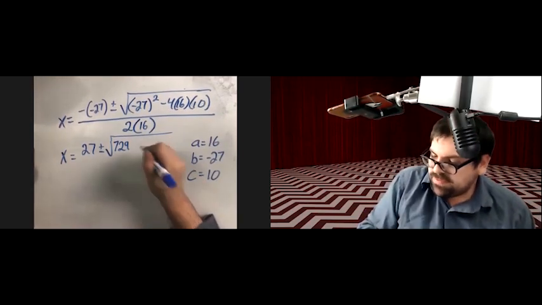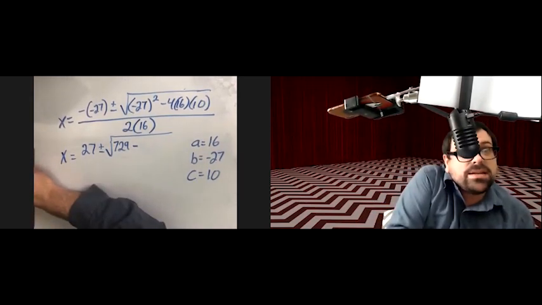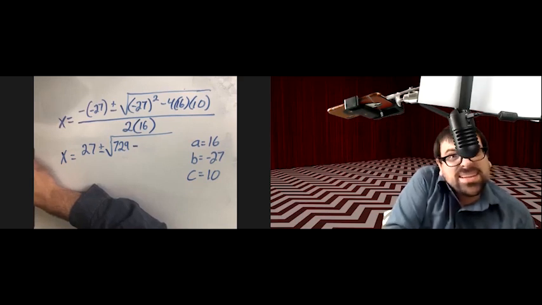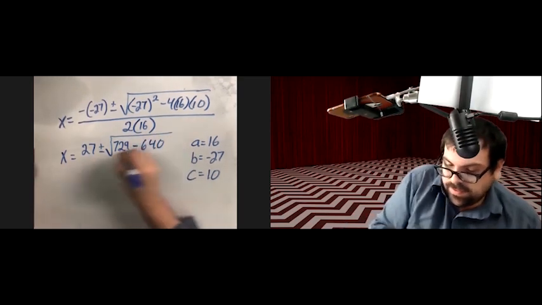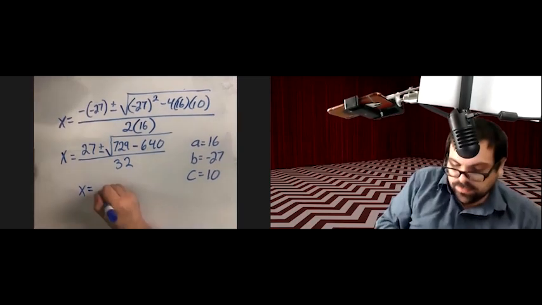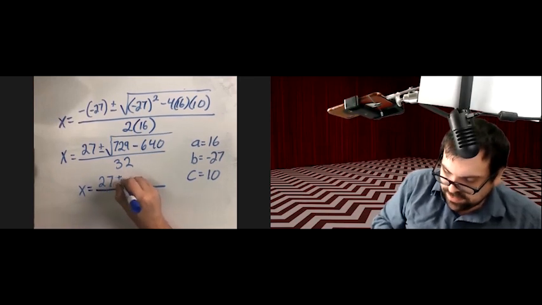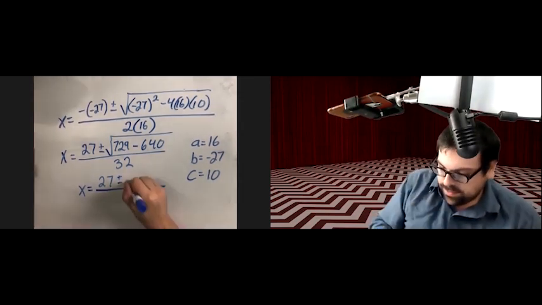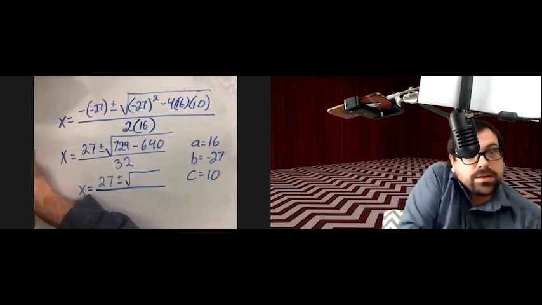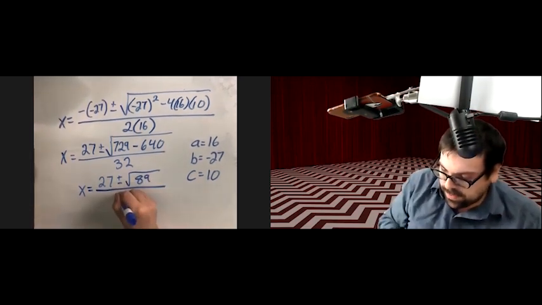Negative times positive is negative. 4 times 16 times 10 is 640, all over 32. x equals 27 plus or minus the square root of 729 minus 640, which is 89, all over 32.